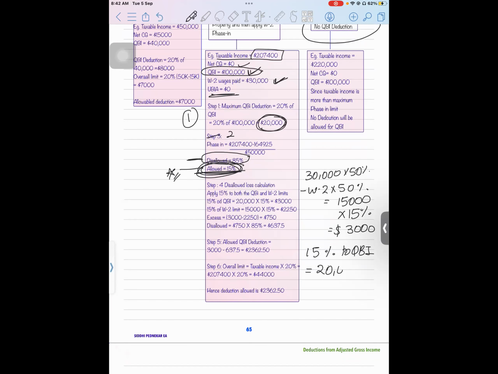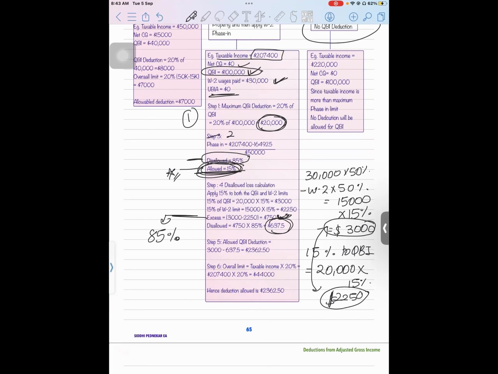So 20,000 into 15%, that comes to 2250. Okay. Now, once you receive these two amounts, you will have to take the difference of the two. That comes to 750. Now, this 750, you'll have to multiply by 85%. This much will be disallowed.